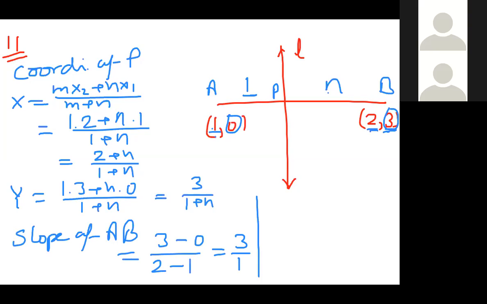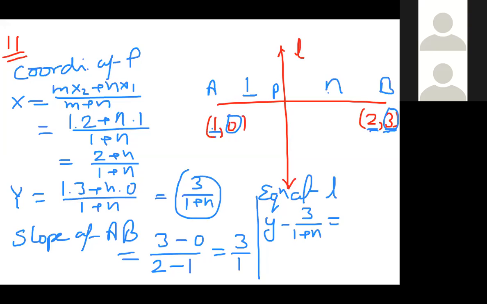Now the equation of this line. The equation of line L will be y minus y1, where the y1 coordinate is 3 upon (1 plus n), equals m into (x minus x1). M is the slope of this line.